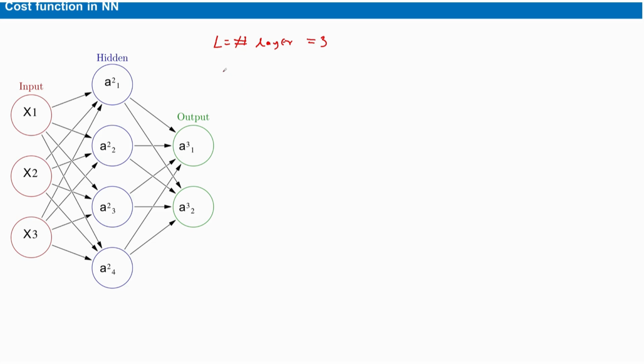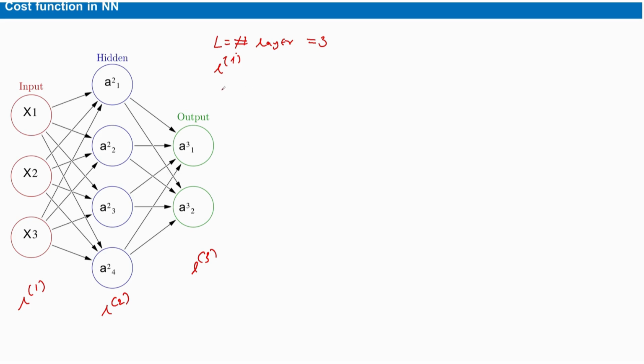Then to represent a specific layer, I will use L superscript i. So L of 1 means the first layer, L of 2 means the second layer, and L superscript 3 means the third layer.